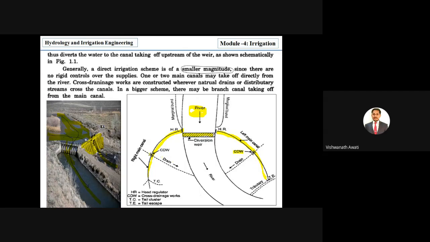So whenever diversion work or drainage work is required, the proper arrangement has to be made. Cross drainage works are constructed whenever a natural drain or distributary streams cross the canal.